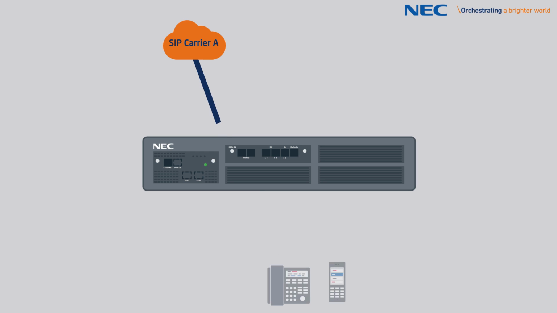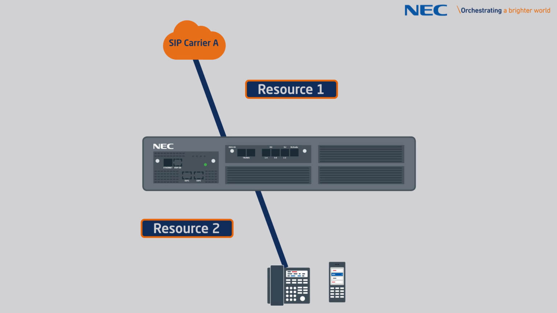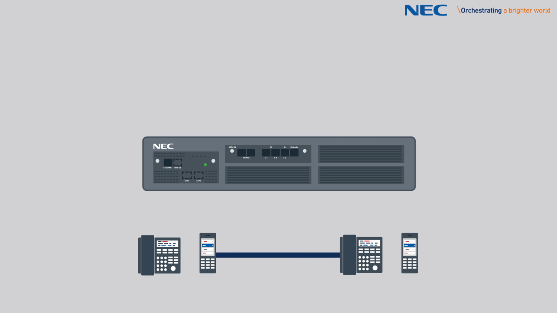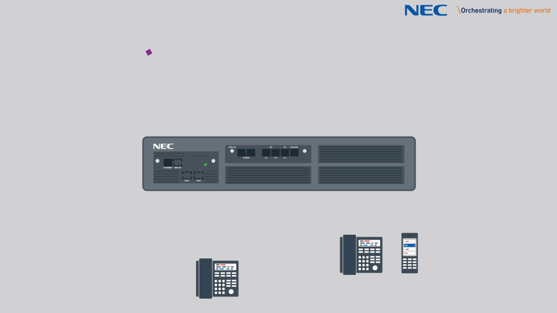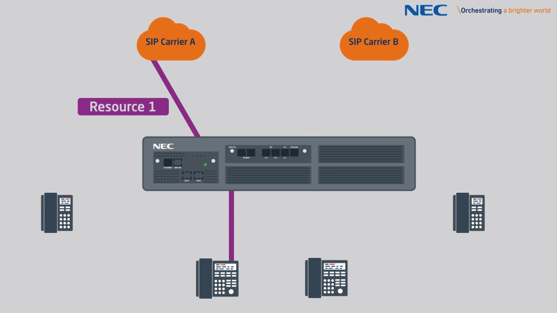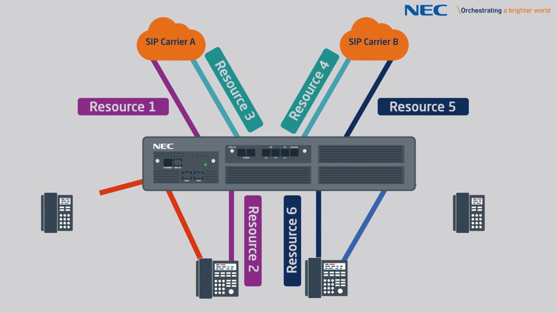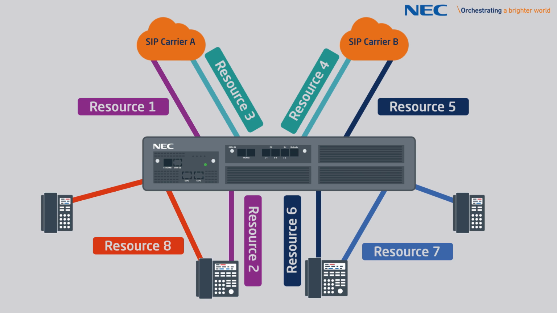SIP trunk to VoIP phone or IP DECT handsets use 2 IP resources while the call is active. VoIP phone or IP DECT to VoIP phone or IP DECT calls use no resources, as the media is peer-to-peer by default. If more than 8 simultaneous IP resources are required, then the VoIP DB card can be installed.